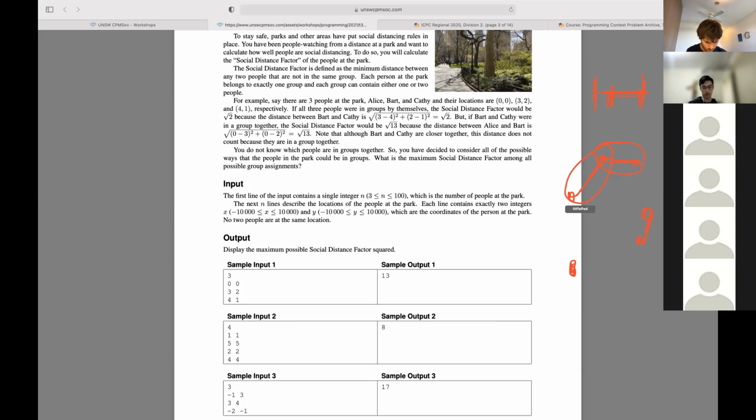And so we can't form a valid grouping, because if we wanted the grouping to be valid, then we'd have to have this person in the same group as this person and this person in the same group as this person. And that means they'd all have to be in the same group, but that's impossible because we can only have groups of size 2.